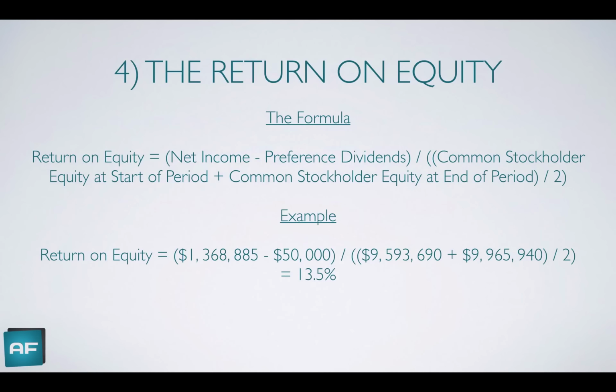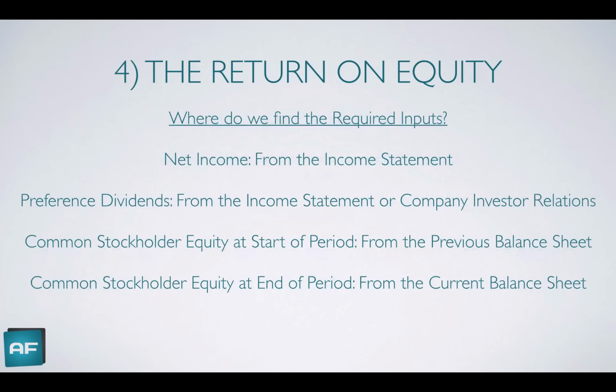And once again, there's an example. If you want to pause it and punch in a few numbers and see if you get the same result, then that's great. And in the example, we had 13.5% as the return on equity. All right, where do we find the required inputs? Net income is from the income statement. Preference dividends is also from the income statement. It's not always from the income statement.